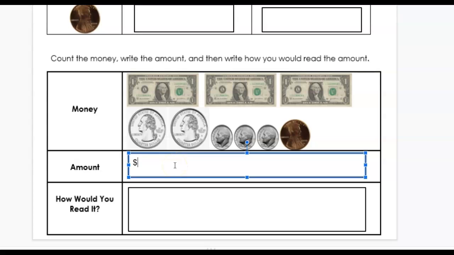So we put our $ and put a 3 because that's our bill amount, and then put a decimal point.